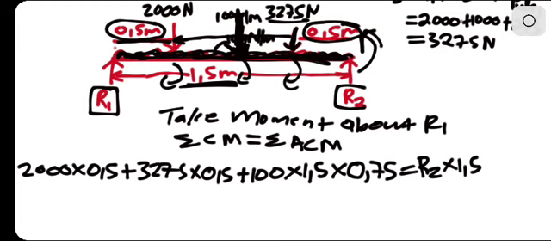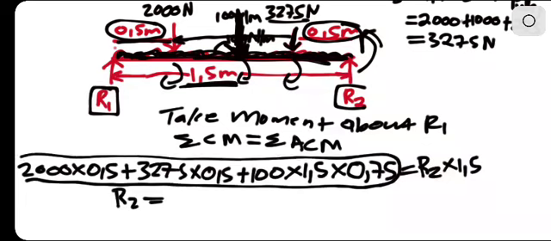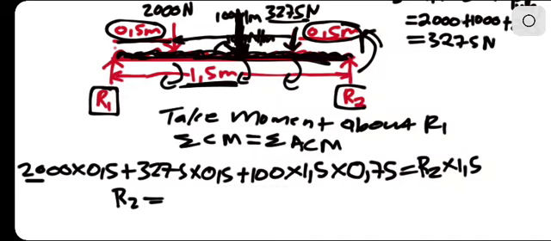Now let us find what we're supposed to get. Here I want R2, so I divide by 1.5. You add all of these there, then you divide by 1.5.